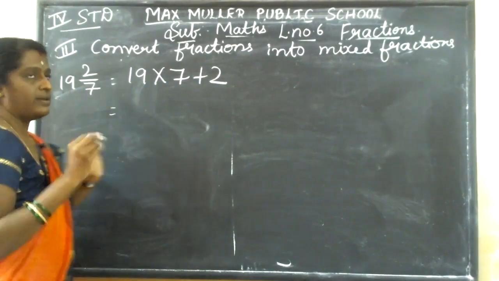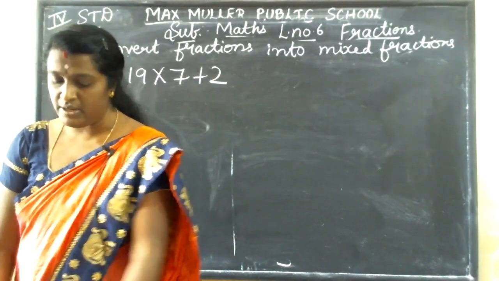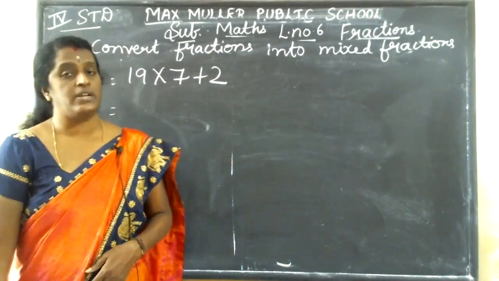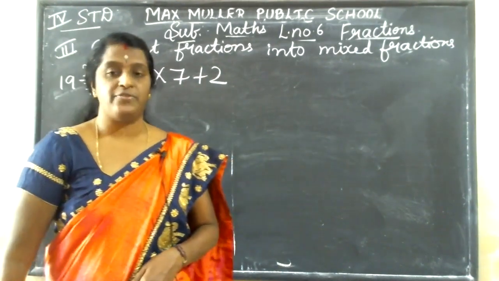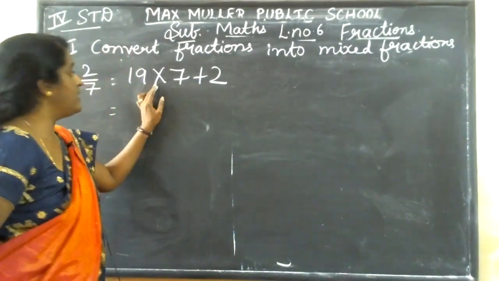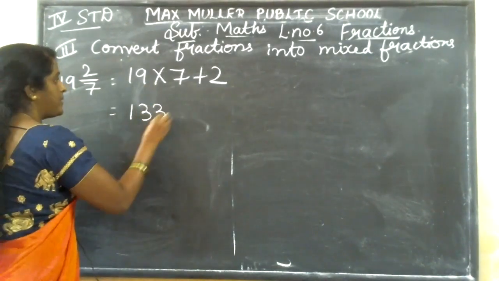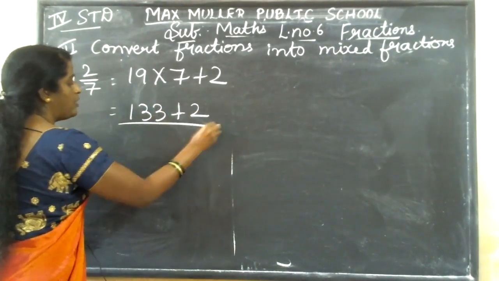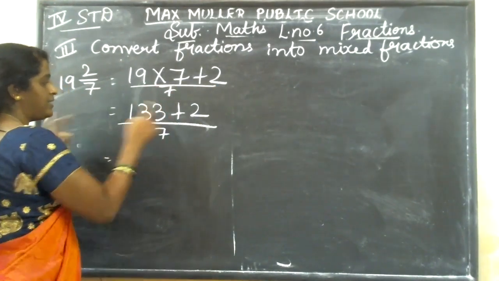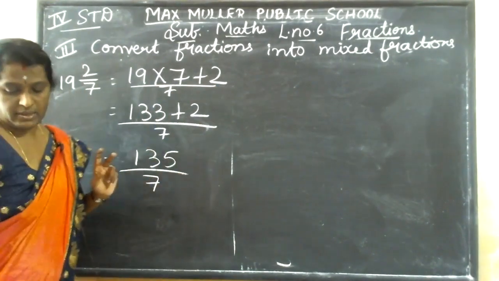Take out your right tables. 19 sevens are how much? 19 ones are 19, 19 twos are 38, 19 threes are 57, 19 fours are 76, 19 fives are 95, 19 sixes are 114, 19 sevens are 133. 133 plus 2. The denominator will be 7. So 135 by 7. Yes, copy down this.